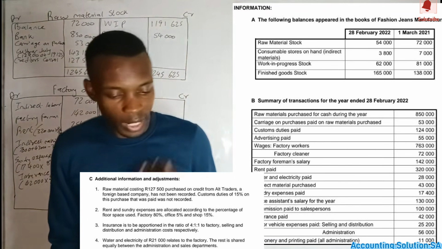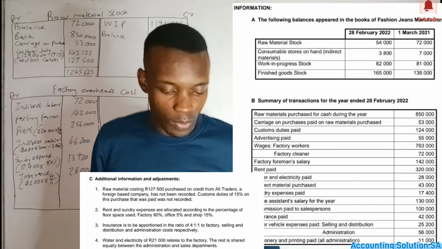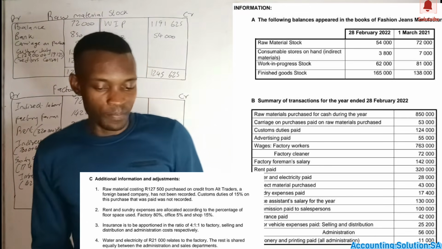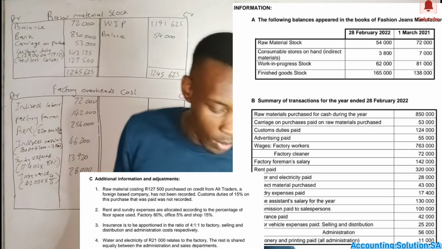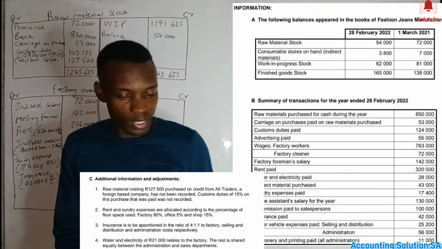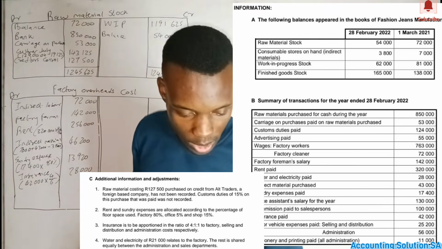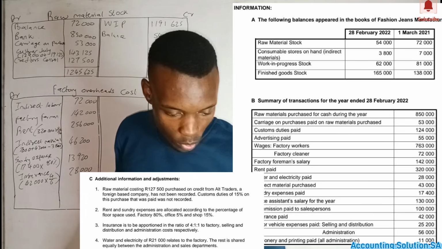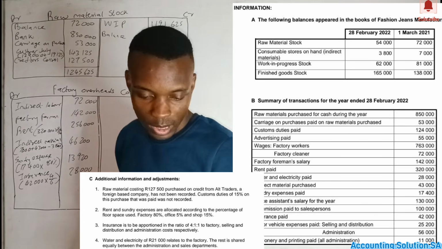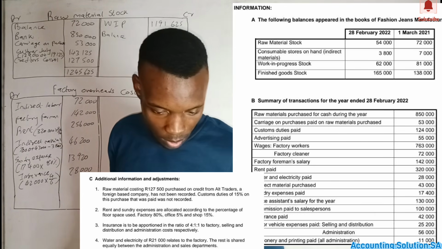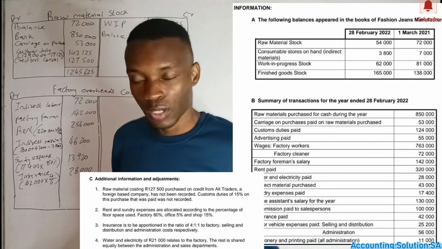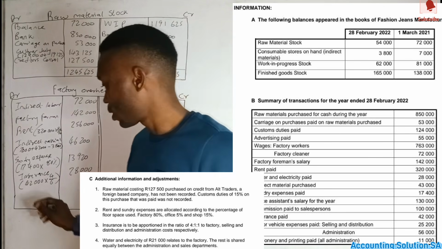Number 4: they said water and electricity of 21,000 is related to factory. The rest is to be shared equally between administration and sales department. So of the amount of water and electricity that we have of 28,000, only 21,000 relates to factory, which means that we're going to take 21,000.